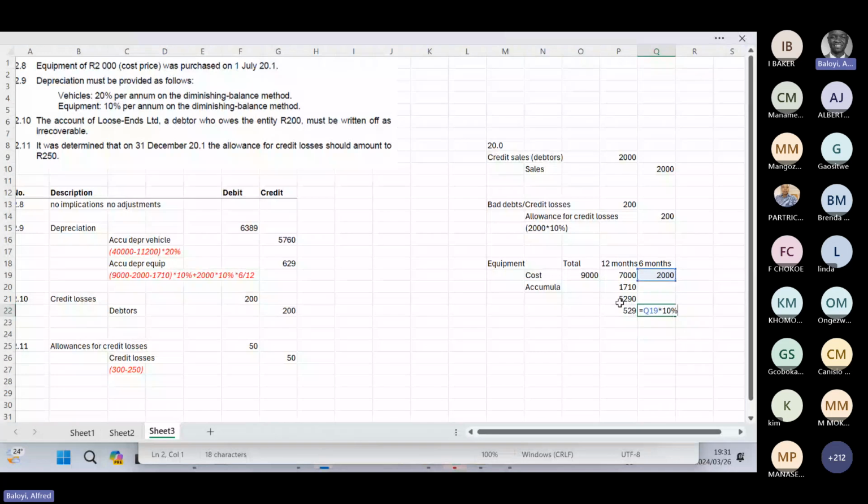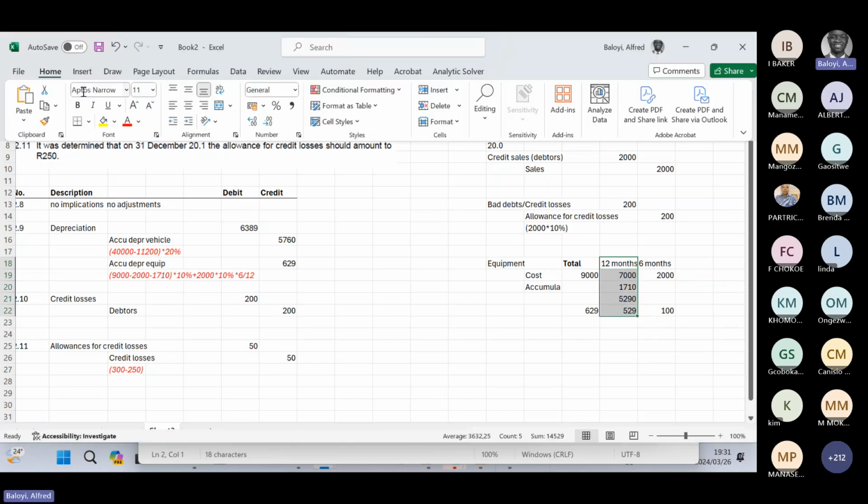However, this is for 6 over 12 months, right? And then the total of these two is this one. So that's how you got the 629. It's because the one amount is for 12 months, and the other balance is for 6 months.